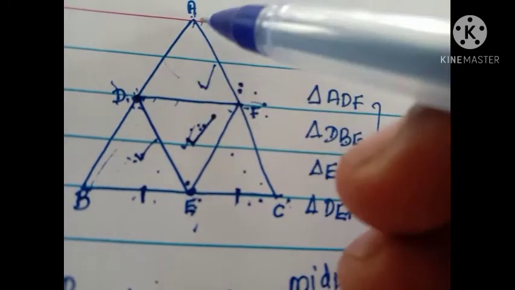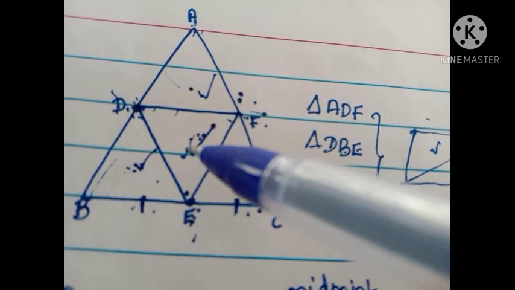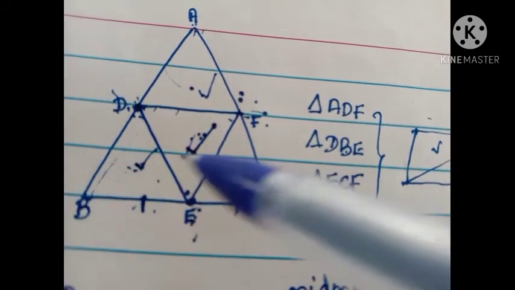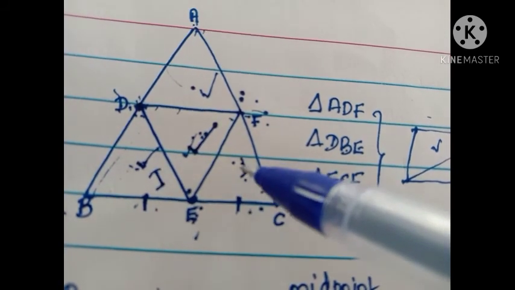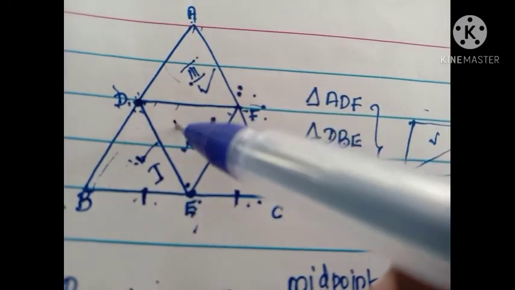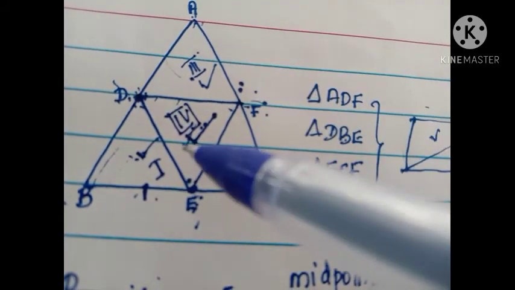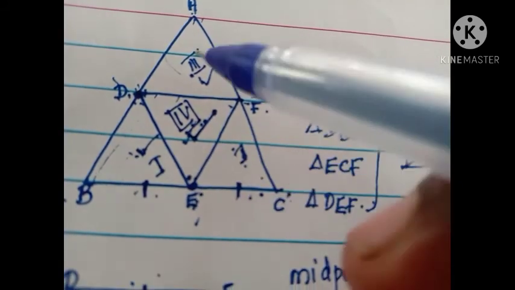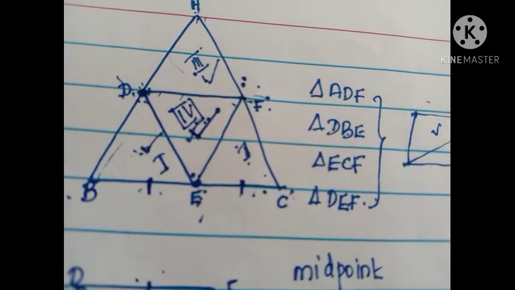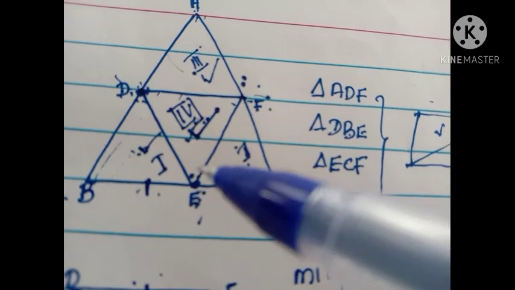DEF. And in this parallelogram, ADF is congruent to DEF. So these three, 1, 2, 3, these three triangles are congruent to the same triangle DEF. So we can say that all the four triangles are congruent to each other. Okay. So that's our example.